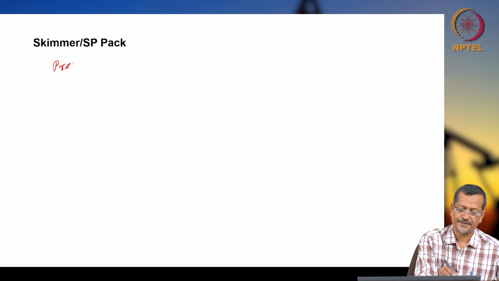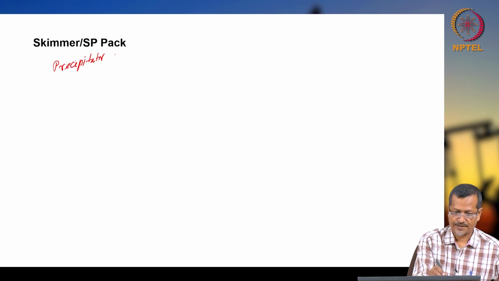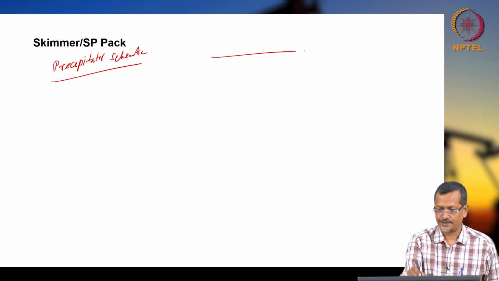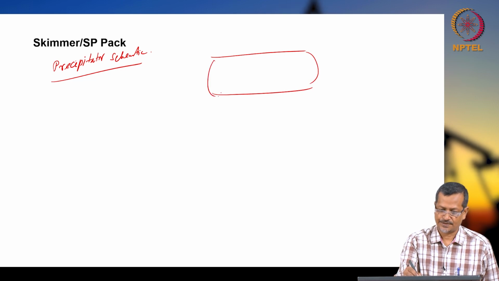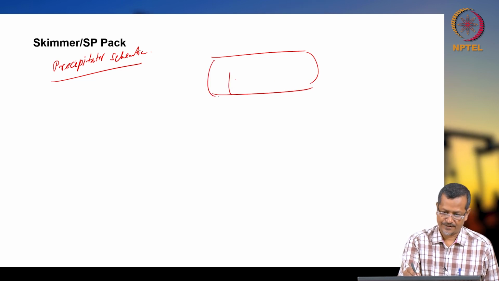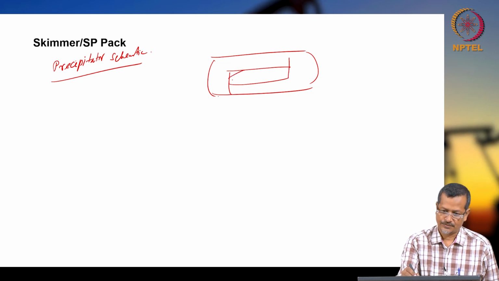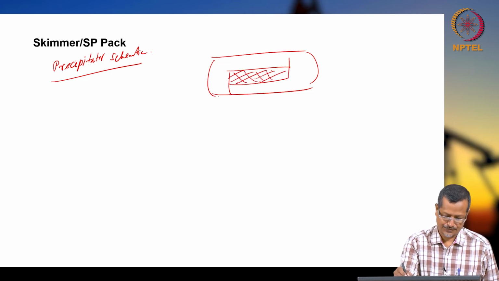Precipitator schematic. So it is like a separator system. You have a multimedia filter. Okay, so this is a filter they are using.